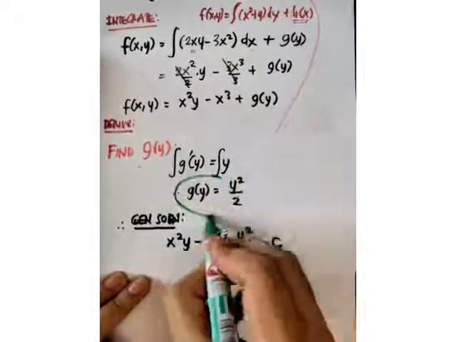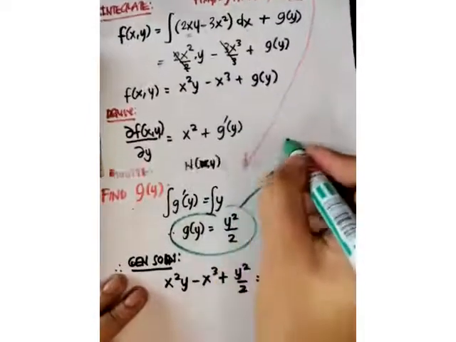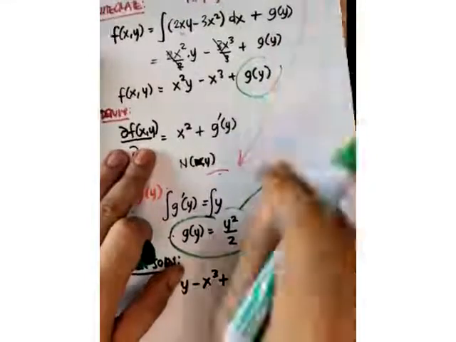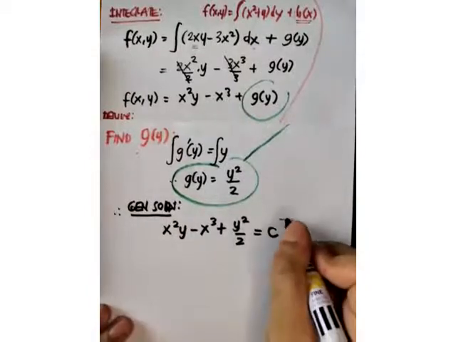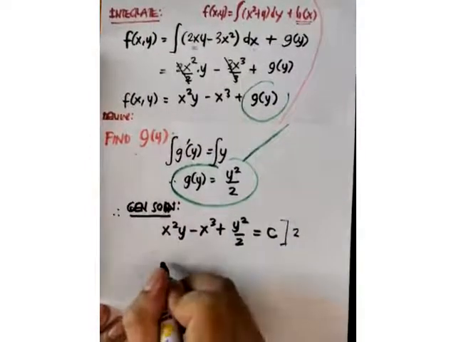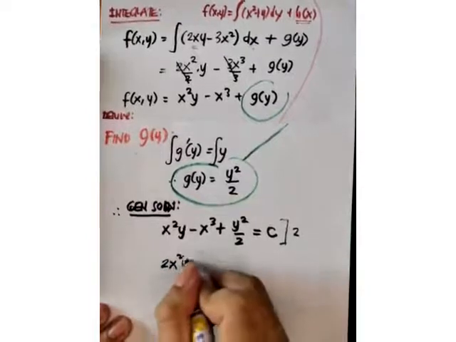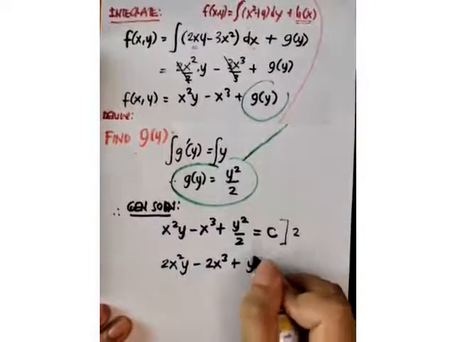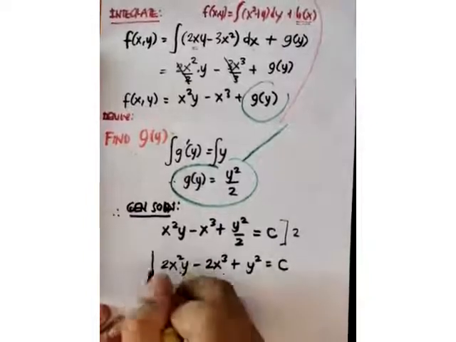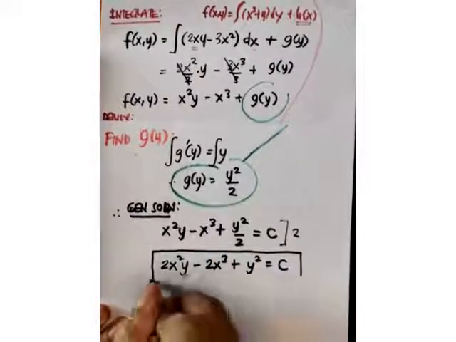And then, equate nyo lang siya sa c. So that will be our final answer. Or multiply lang natin to ng 2. Simplify natin para maging 2x squared y minus 2x cubed plus y squared is equal to c. So this is our general solution.